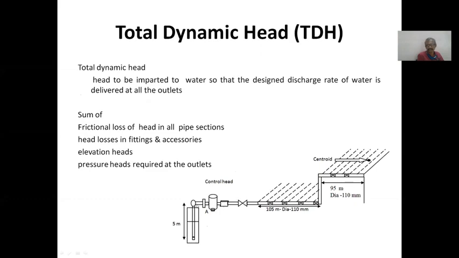So head losses that would occur when water goes through these fittings and accessories, and the elevation level difference between water level in the well and centroid of the critical submain or lateral.